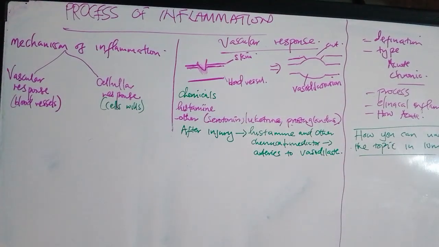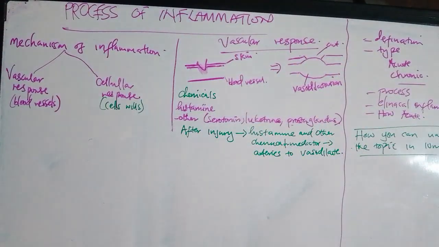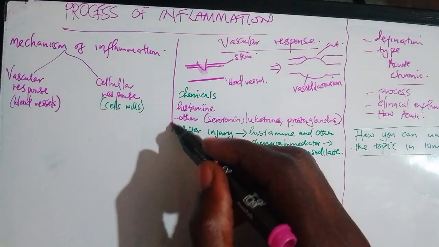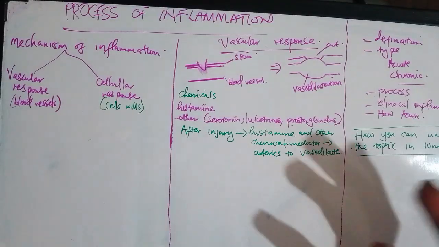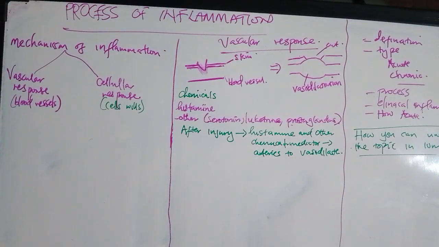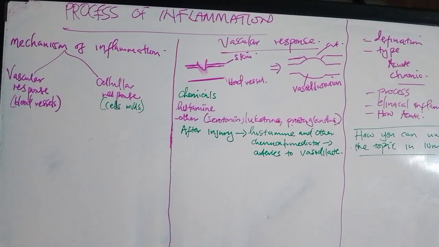So this is basically the first process which occurs under the vascular response. So now what happens when the cells have vasodilated, they have expanded? What happens next? After the blood vessel or the artery has expanded, this will allow a condition which is known as hyperemia or redness, one of our cardinal signs. So what is hyperemia?